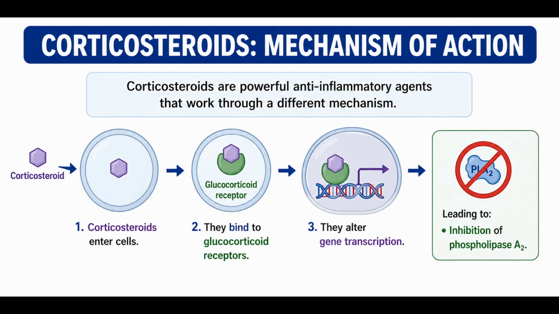Now, let's understand something about corticosteroids. Corticosteroids are powerful anti-inflammatory agents that work through a different mechanism. They enter cells, bind to glucocorticoid receptors, and alter gene transcription, leading to inhibition of phospholipase A₂.